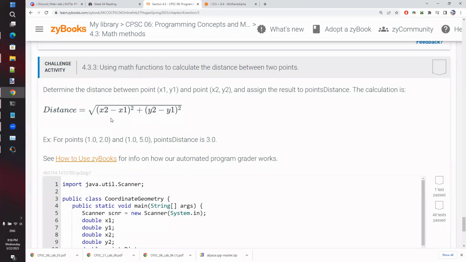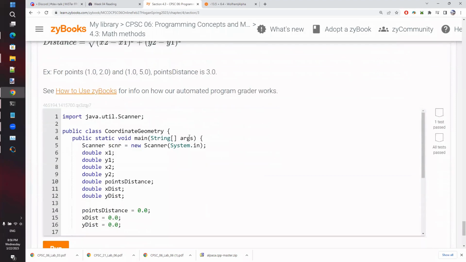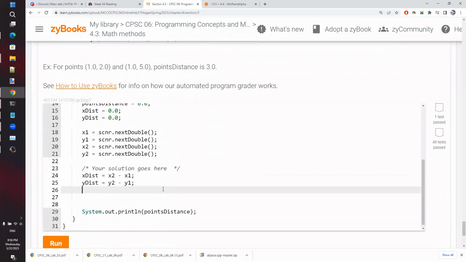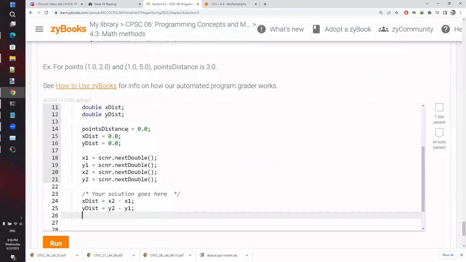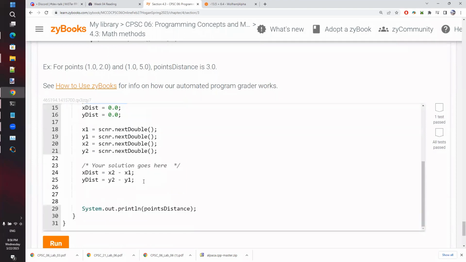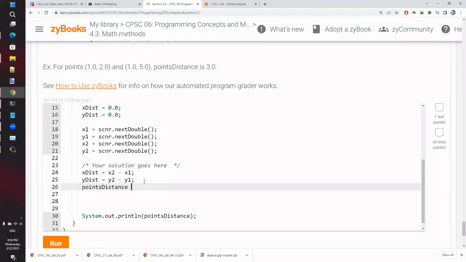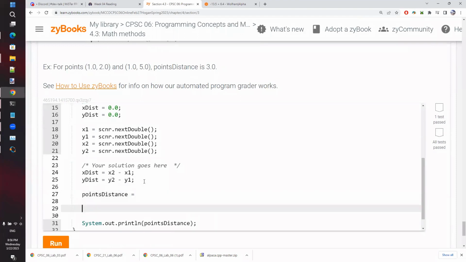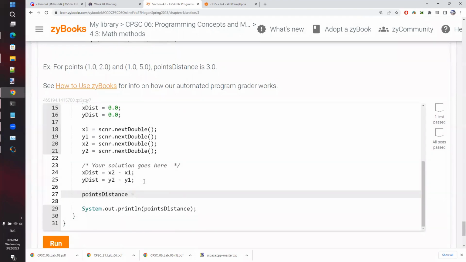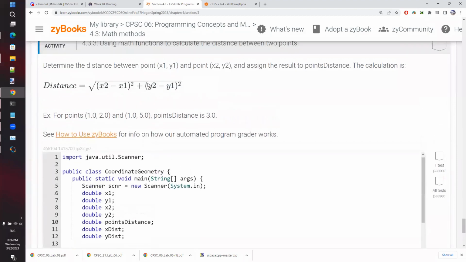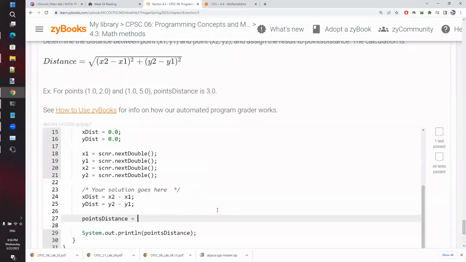Now what I've got to do is, first of all, square those, and also I need a square root. So to write the actual distance, which is going to be stored in this variable, points distance, how do I do that? Well, the whole thing is a square root. And I know how to get a square root.